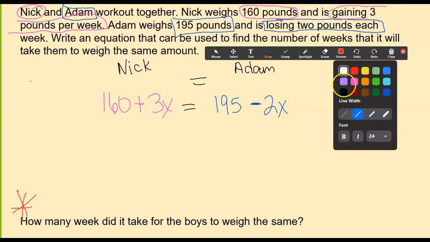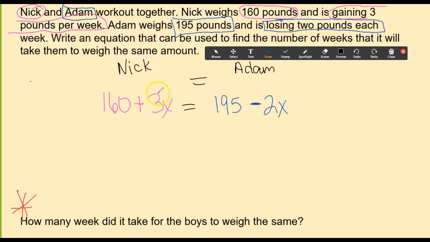If they're asking for how many weeks, remember, this was 3 pounds per week. This was 2 pounds per week. So my weeks are determined by that value of x, right? So if they're asking for how many weeks, what are we going to have to do? We're going to have to solve it. So we would have to first write the equation and then solve it. So let's practice that.